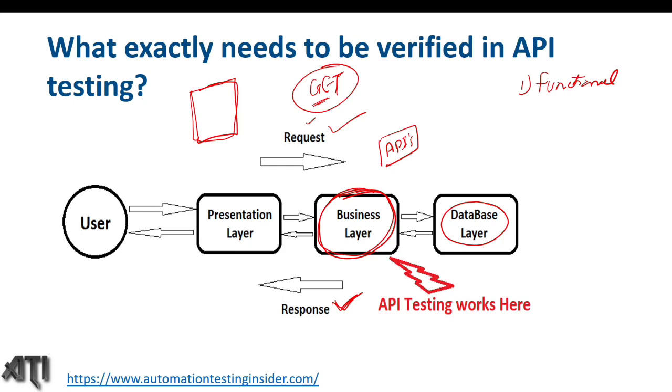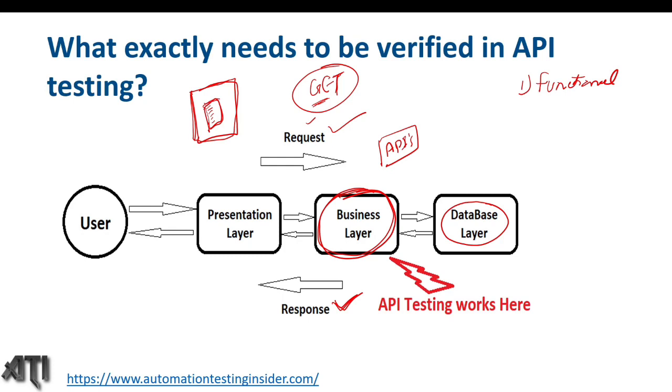Let me give you an example. Let's say we are building a calculator application, with different functionalities: addition, multiplication, subtraction, division, and so on. The business logic is already developed, and we want to verify that those APIs are working. We are getting this logic from a different application or service, so we verify it as part of API testing.